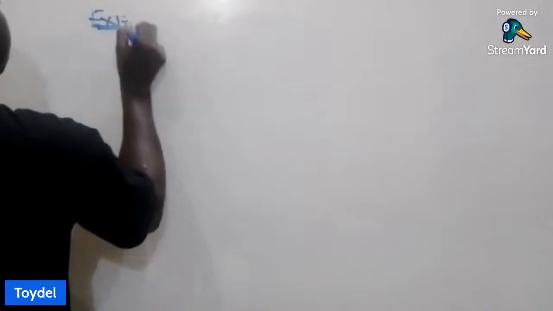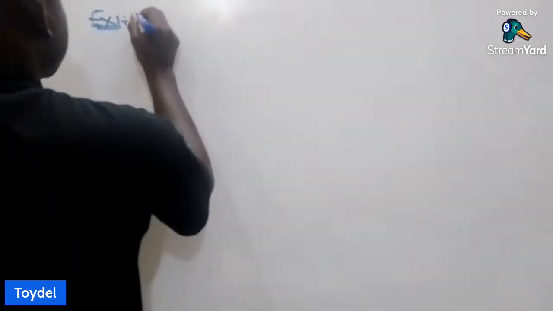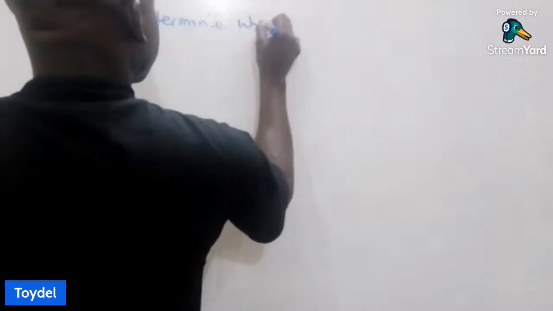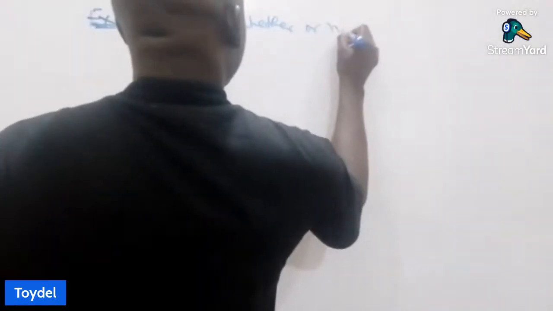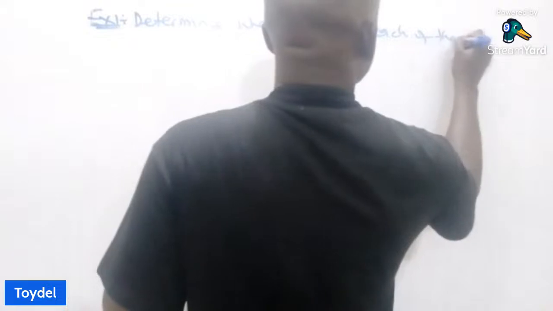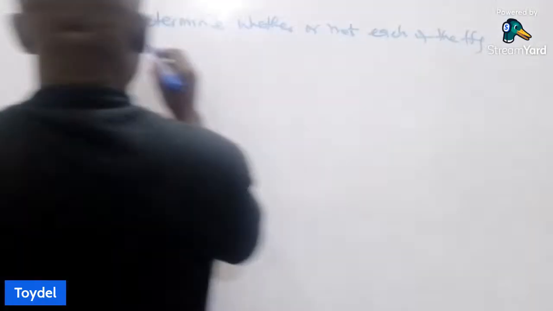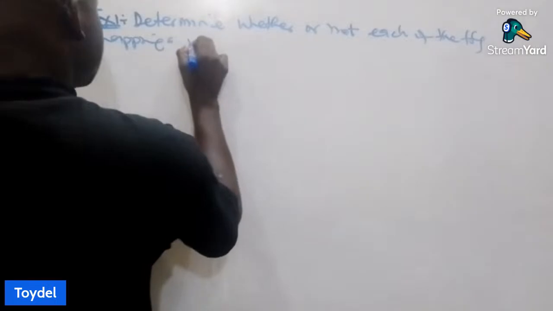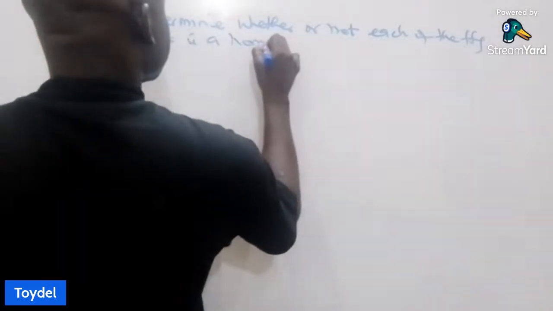Example 1. The question says determine whether or not each of the following mappings is a homomorphism.